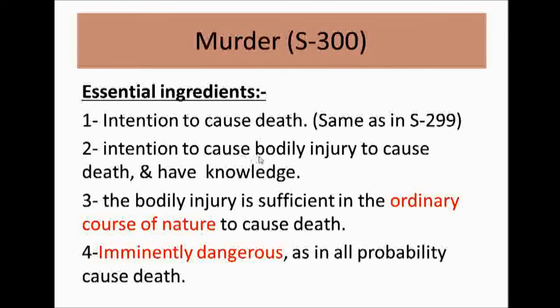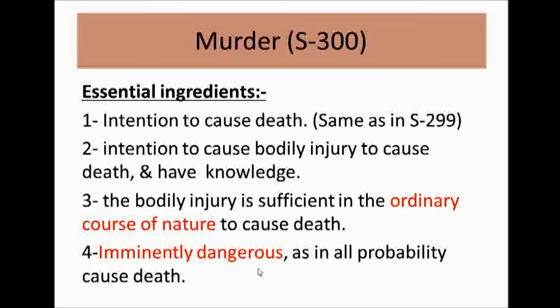If you read it in plain, you will not understand any difference, but in section 300, if the bodily injury is sufficient in the ordinary course of nature to cause death, then that is murder and not culpable homicide.